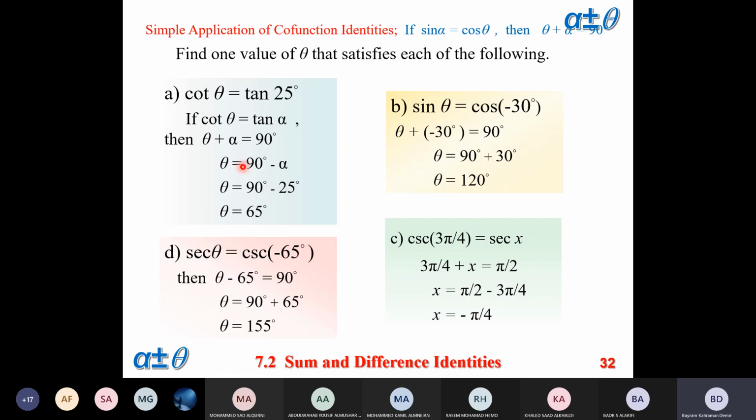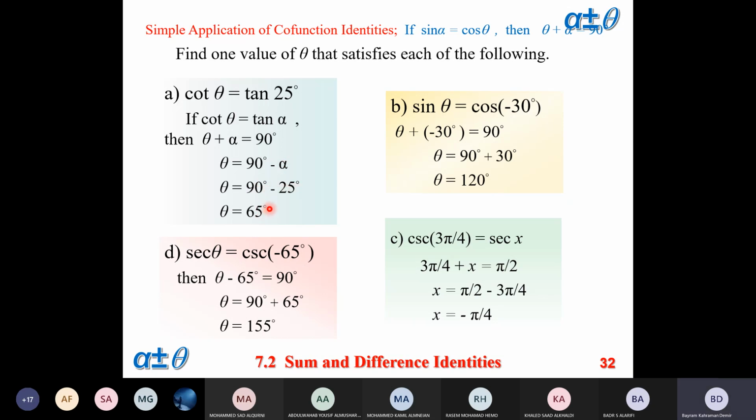So look at here. We have cotangent of theta equals tangent of 25. So what is the theta? Well, theta plus alpha should be 90. This is theta, this is alpha. So if cotangent theta is equal to tangent alpha, then theta plus alpha should be 90, complementary. So theta is equal to 90 minus alpha, so 90 minus 25, which is 65.